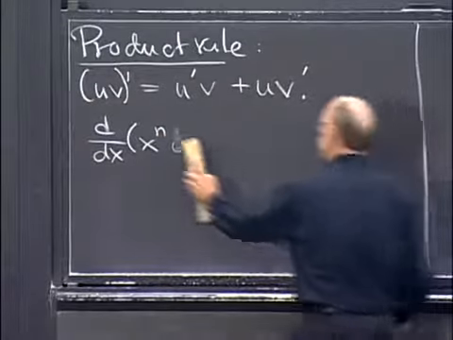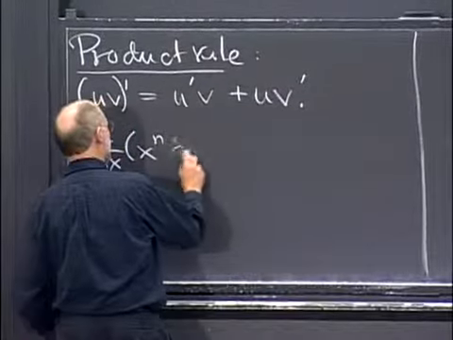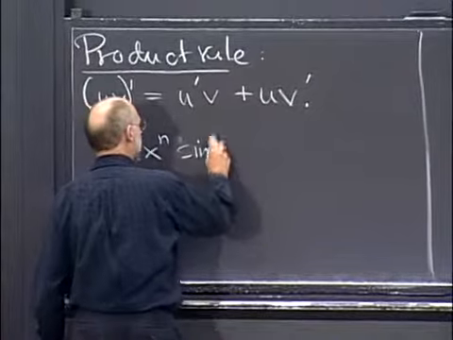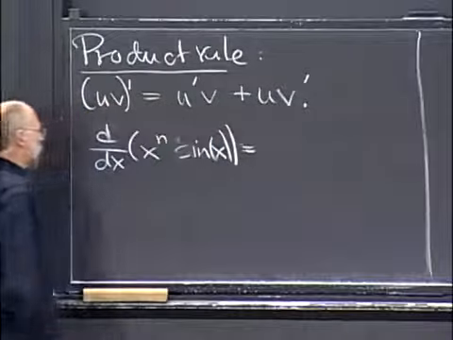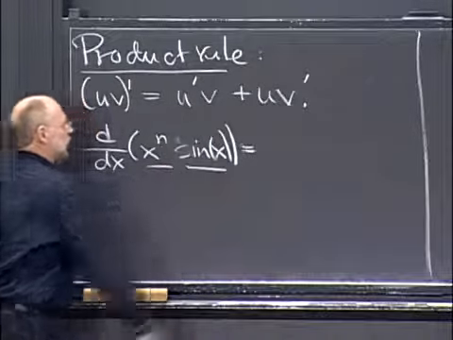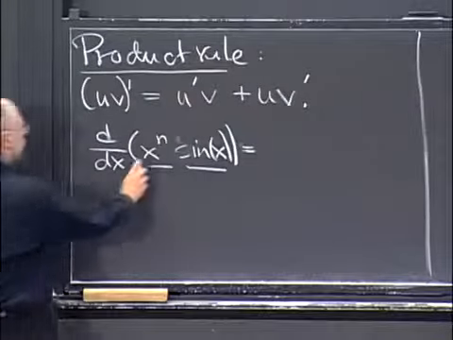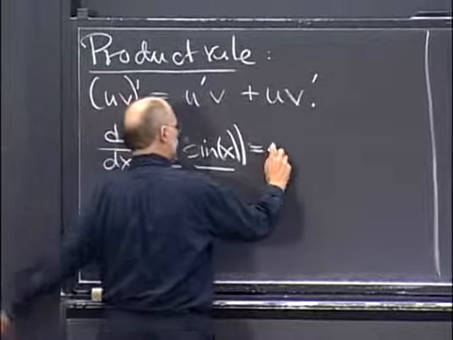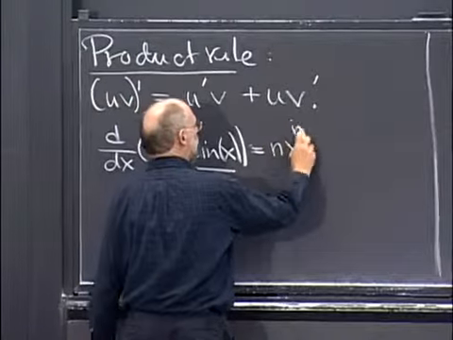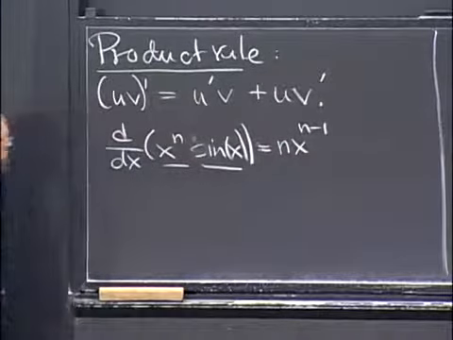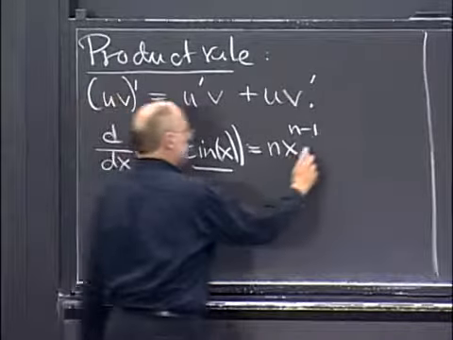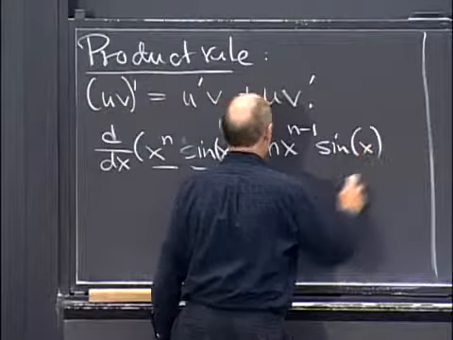So this is a new thing. Couldn't do this without using the product rule. So the first function is x to the n, and the second one is sine of x, and we're going to apply this rule. So u is x to the n, u prime is, according to the rule, n x to the n minus 1. And then I take v and write it down the way it is, sine of x.